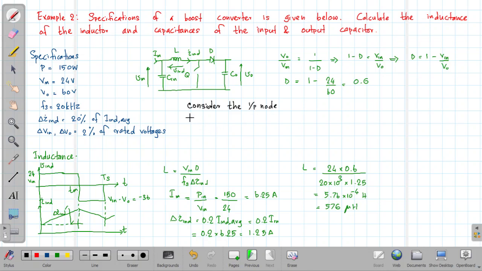We have the input capacitor C in, we have V in, I in, and I inductor. If we plot the currents, we would have this kind of waveform for the inductor current.